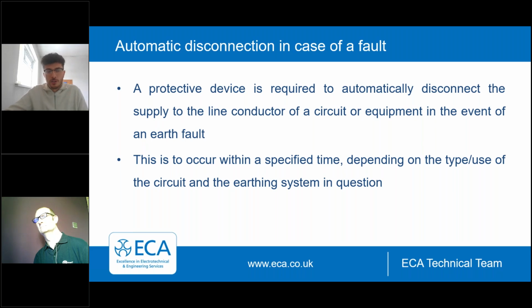And that's some information that I've summarised based on regulation 411.3.2.1. So we need a protective device to disconnect the supply to the line conductor when we get an earth fault occur. Now this is to occur within a specified time, and that time depends upon the type of circuit, the usage of the circuit, and the earthing system in question.